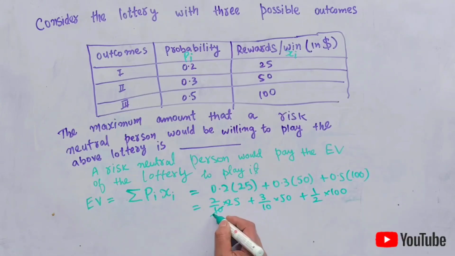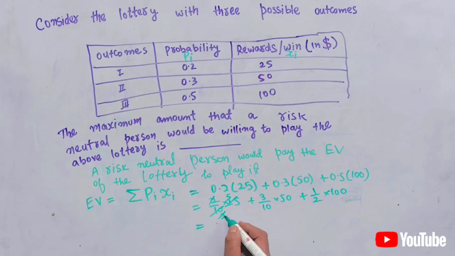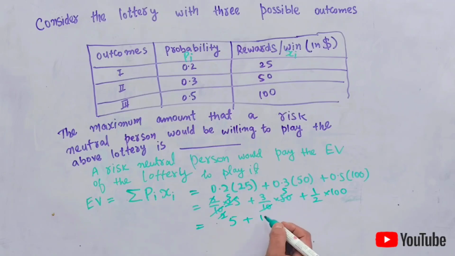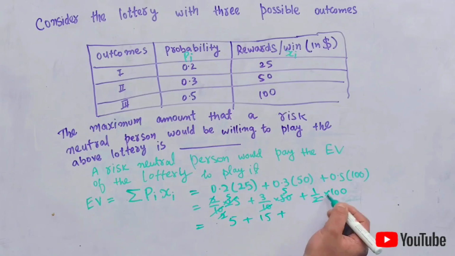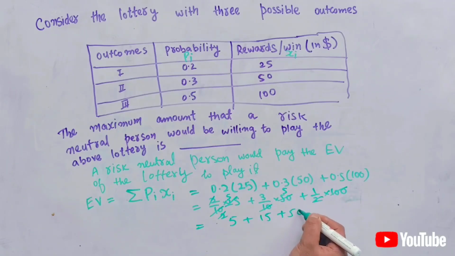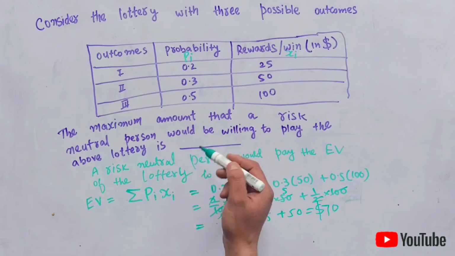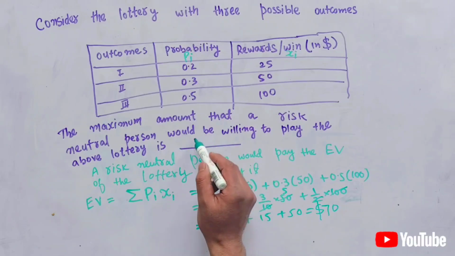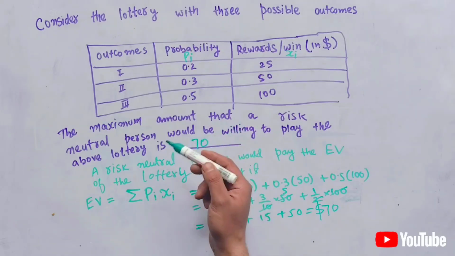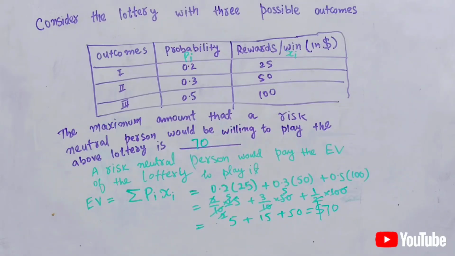So 5 2s are 10, 5 5s are 25, 2 goes into 50 twenty-five times, so we have 5 plus 15 plus 50, which is equal to 70. So the risk neutral person would be willing to pay $70 or rupees to play the above lottery.